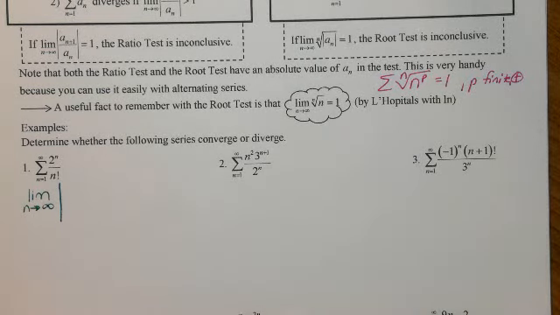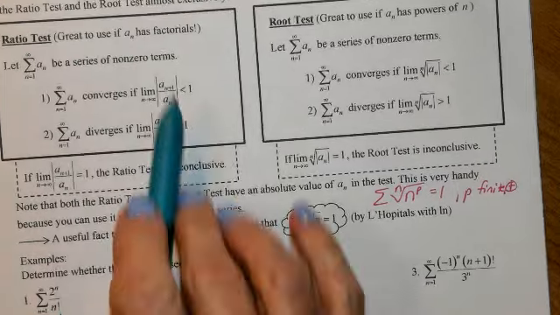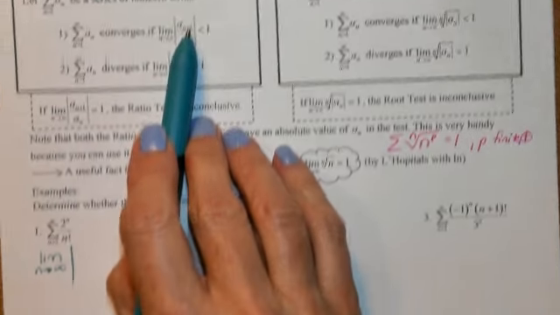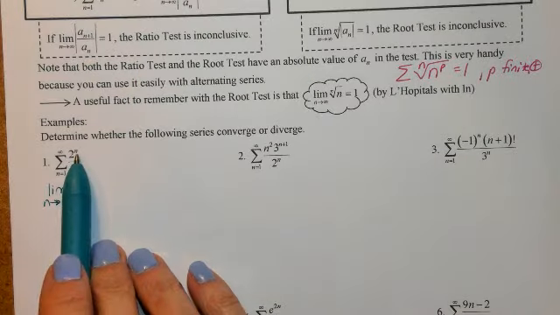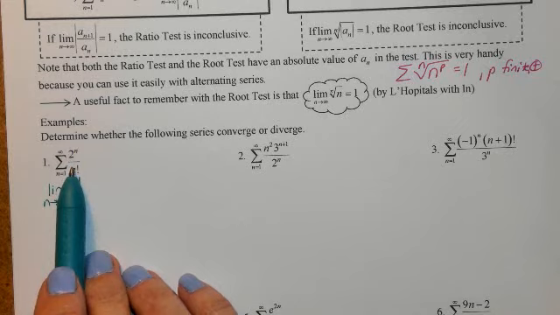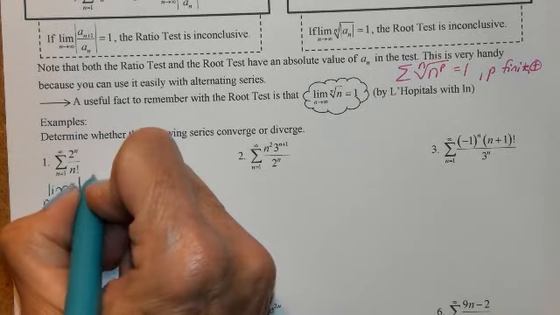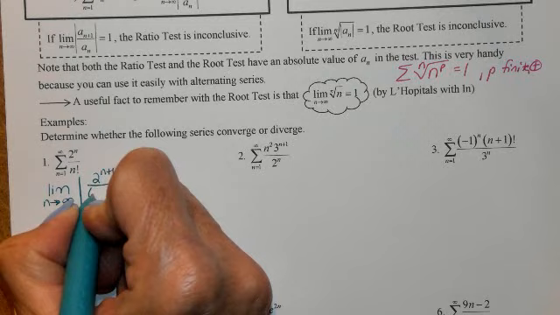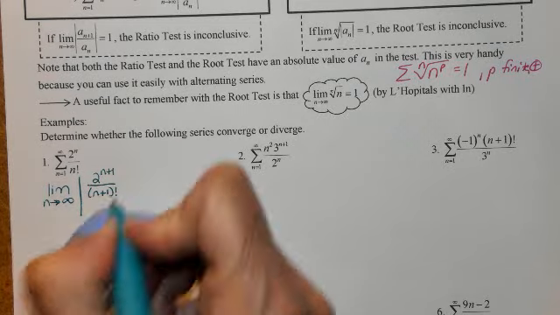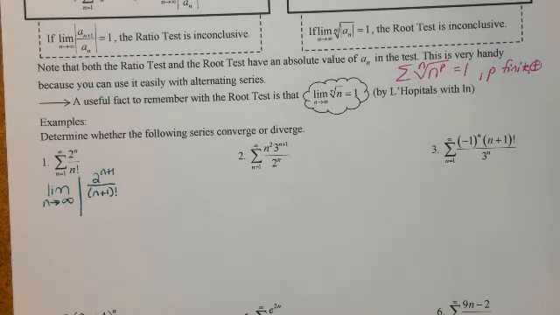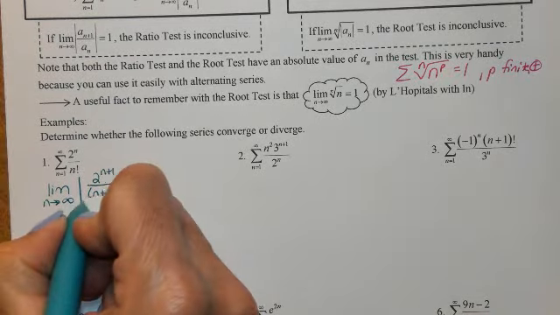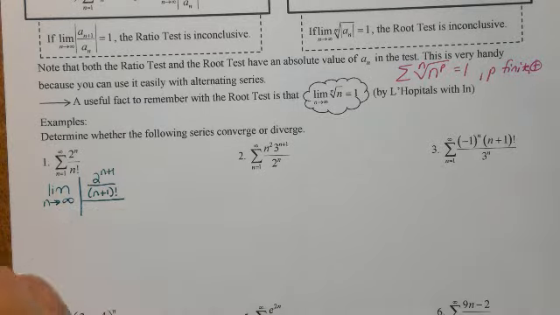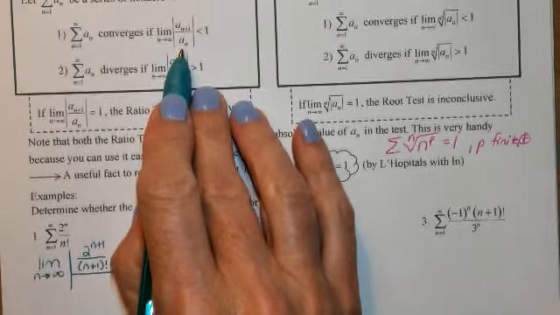You're going to start with the n plus 1 term. So replace n with n plus 1. 2 to the n plus 1 divided by n plus 1 factorial. And then we're going to divide that by the nth term.